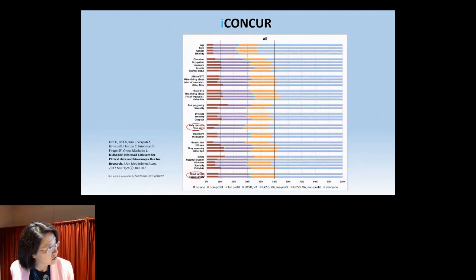What you see on the right-hand side, the light blue, is people who just said, yeah, continue what you're doing, it's great, at 50% of people, and then by item. On the other extreme, you have the red bars that say, don't share anything with anybody. In the intermediate ones, you see the ones who are okay to share with UCSD or with the nonprofit, but are not like the light blue that share with everyone.